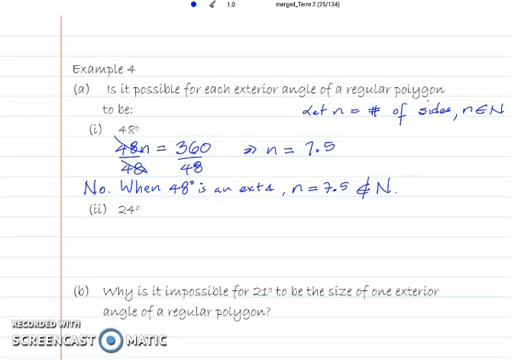All right, so now let us look at why I would say that if one exterior angle is 24 degrees, the sum of the exterior angles, 24n, would be equal to 360 degrees. Let's try and see if we can explain the 24n.